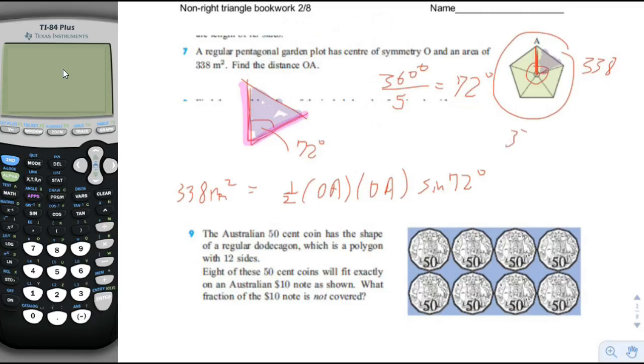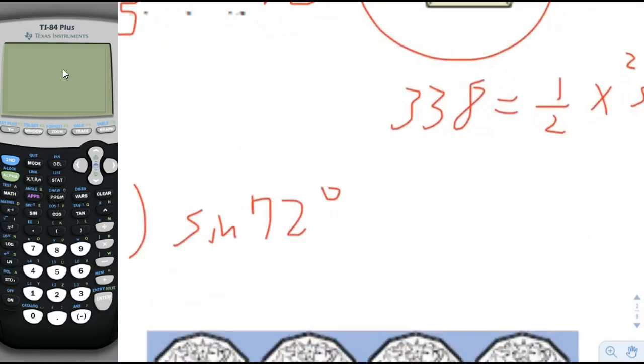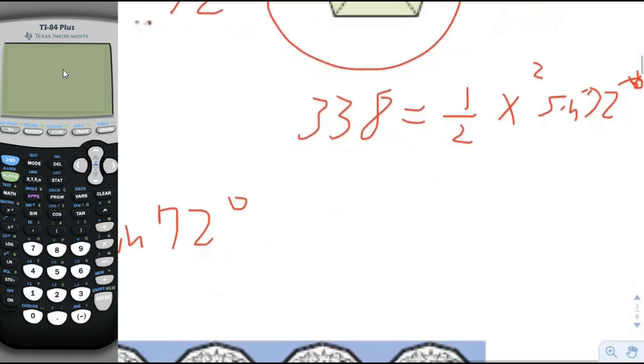Because you have 338 equals 1/2 times x squared, where x is OA, times sine 72 degrees. You can use the calculator to figure out what sine 72 degrees is, and then finish this problem with algebra, because that's a number, that's 0.5, then we just solve for x.